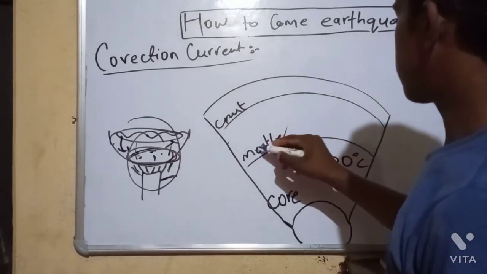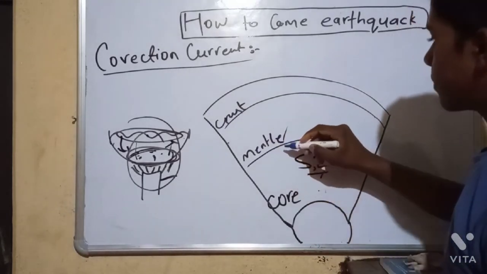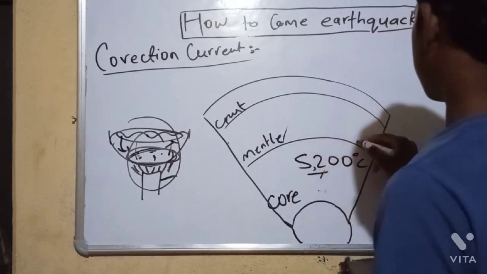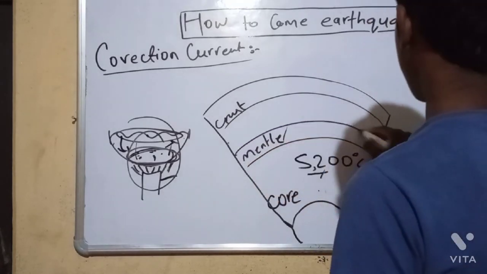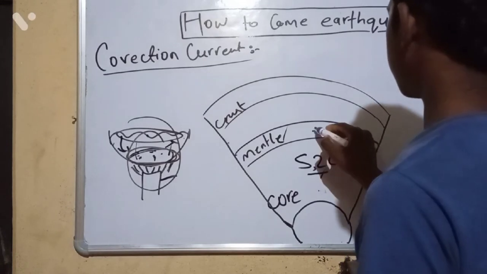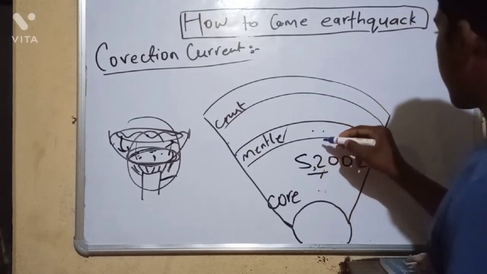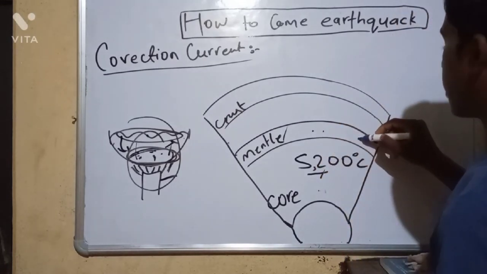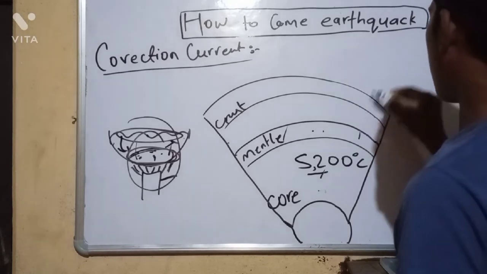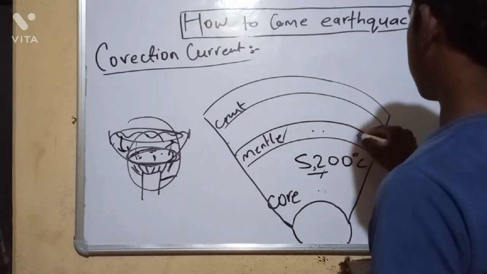When the mantle starts boiling, the material present in this area gets warm and heated, and it starts to move upside.